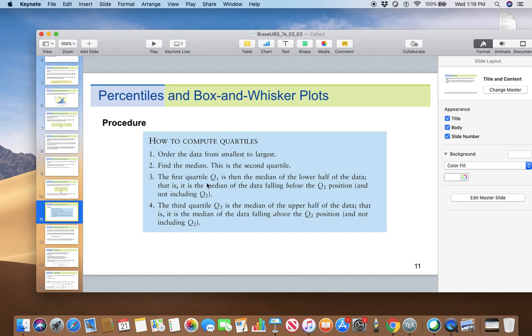Then the first quartile is the median of the lower half of the data. You go below the Q2 position and find its median, that is Q1. The third quartile is the median of the upper half of the data. You fall above Q2, so remove Q2 and look up and find the median, that is Q3, the third quartile.